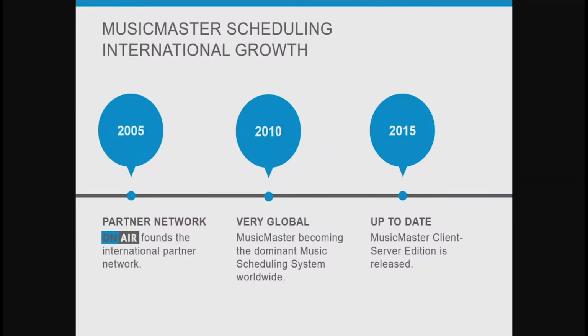In 2015, we created the first steps for a new version of MusicMaster. Until that point, we really just worked with one central database. This central database could be an SQL database, or it could be a file-based database.